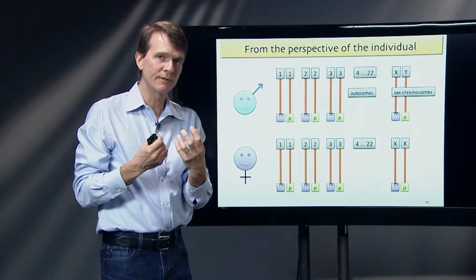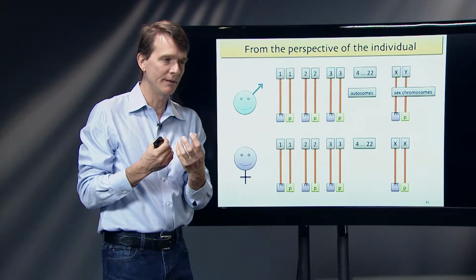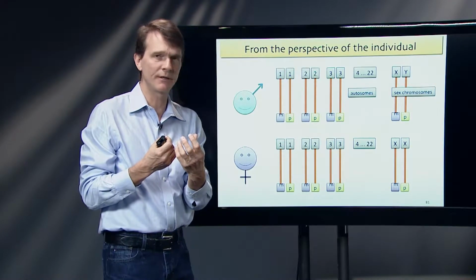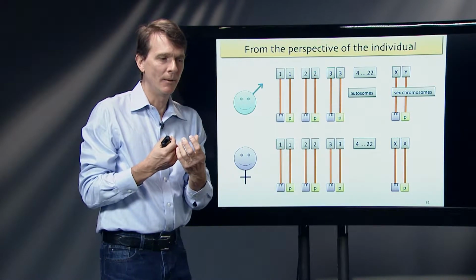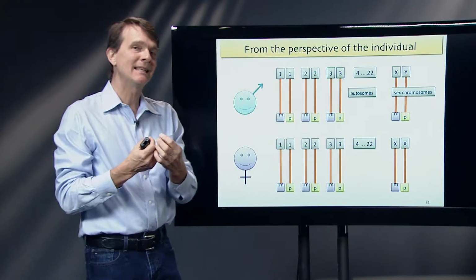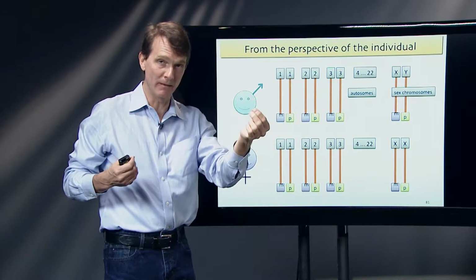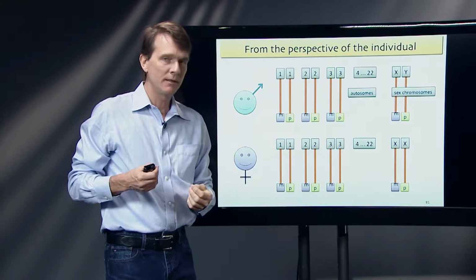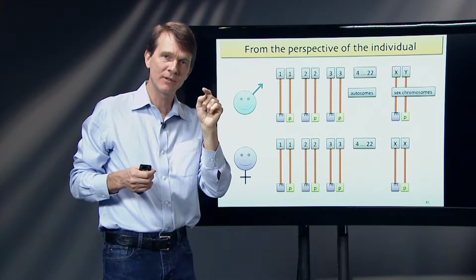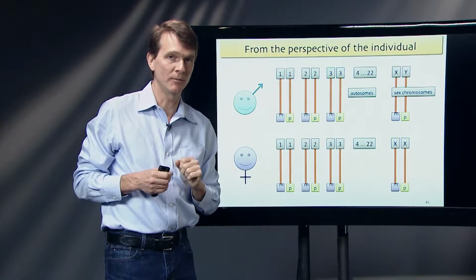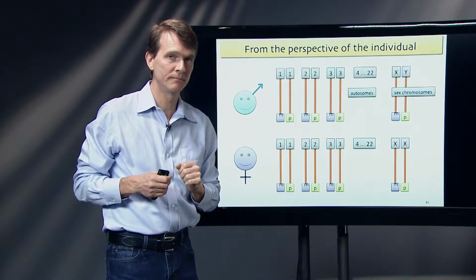That structural difference is essentially an evolutionary artifact. It is not the entire Y chromosome that makes us male. It is rather a single transcription factor on the Y chromosome that makes us male.